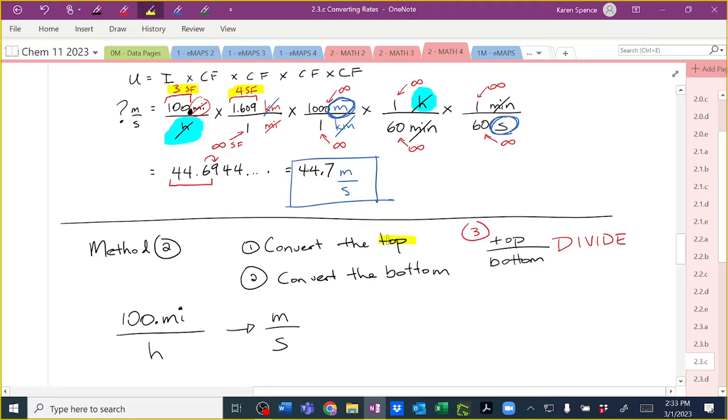So the top part is going from 100 miles to meters. The bottom part is going from hours to seconds, and then we will do the division.